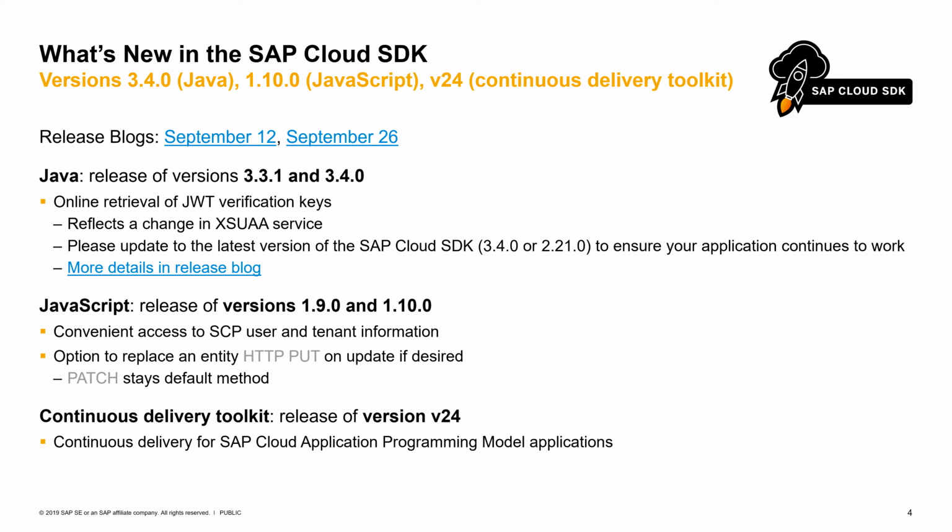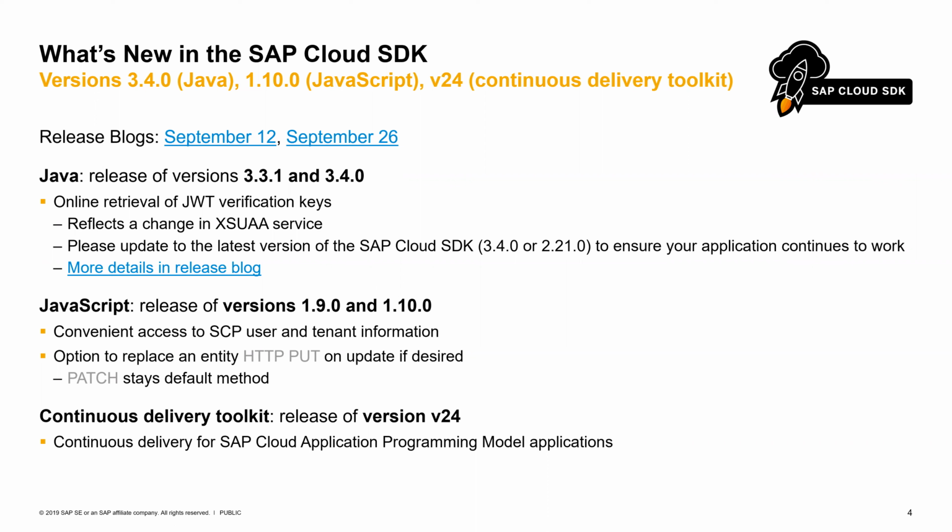And what you need to know is that you should update to the latest SAP Cloud SDK version to not have your application breaking by this change in the Access UAA service. More details and technical background can be found in the release blog.